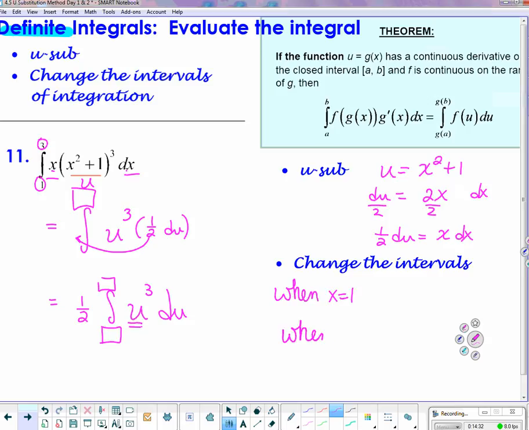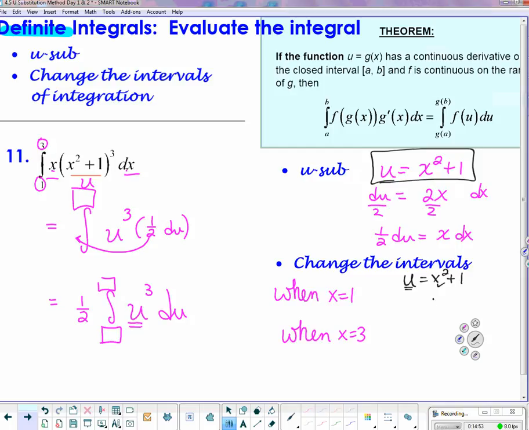And when x is 3, I need to change it so that it reflects rewriting our function in terms of u. Well, I have this u equals x squared plus 1, so I can very easily tell you what u is if I know x. We'll plug it in.